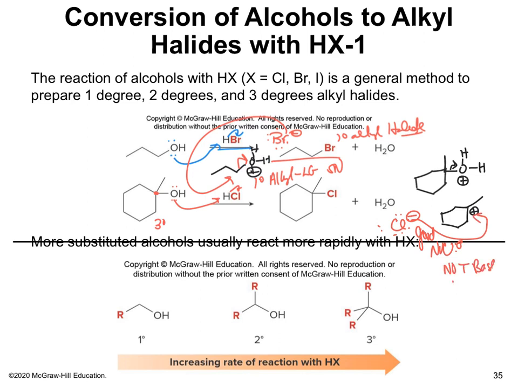So no worries for E1. No worries, because it's not a base, it's a nucleophile, and that's going to come in, and that's going to be an SN1, and this is an SN2.